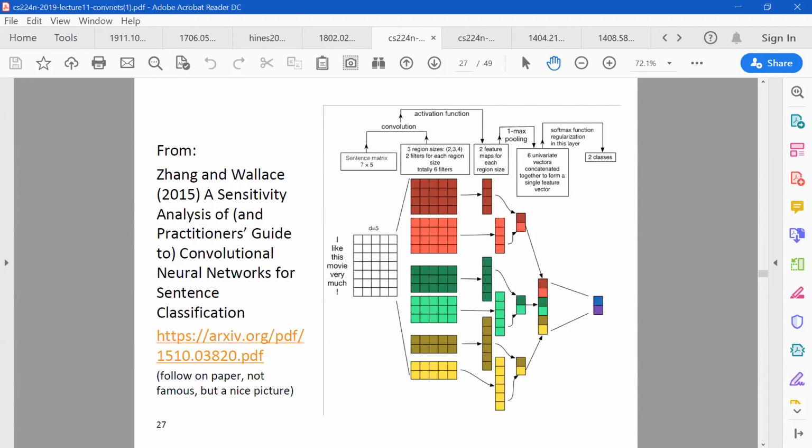A univariate feature vector is generated from all 6 maps. So there's our 6 length. Concatenated to form a feature vector for the penultimate layer. The final softmax layer then receives this feature vector as input and uses it to classify the sentence, assuming some binary classification. Okay, so he copied and pasted from the paper. And that's exactly what we sort of saw as we went through this.